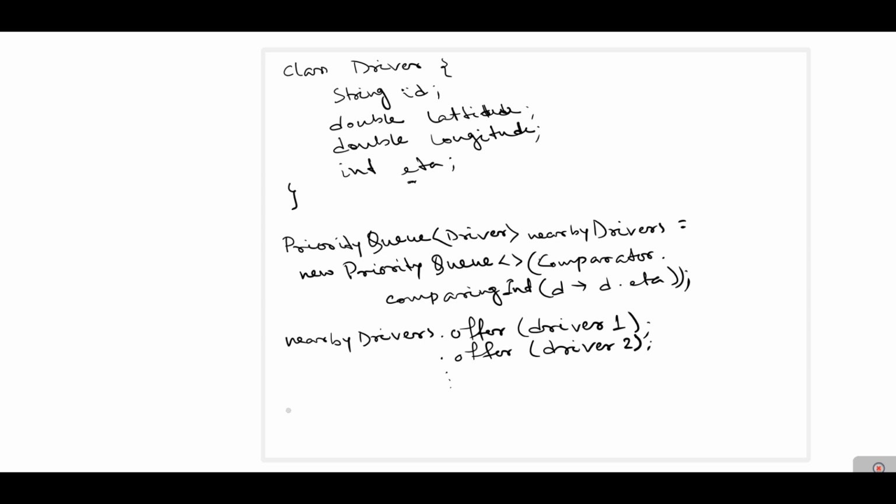To get the selected or the best available driver, we can use the poll method. So selectedDriver is equal to nearbyDrivers.poll(). That's it.